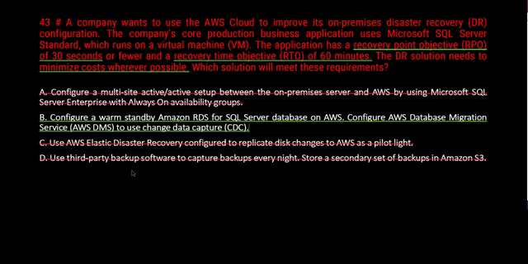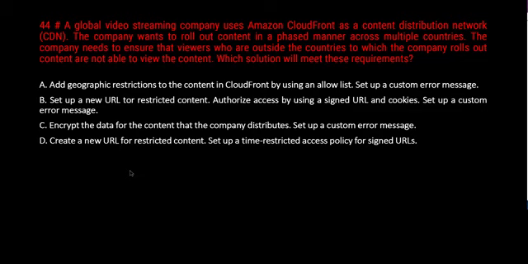Question number 44. A global video streaming company uses Amazon CloudFront as a content distribution network, or the CDN. The company wants to roll out content in a phased manner across multiple sites or multiple countries.